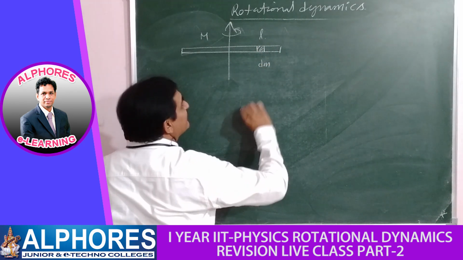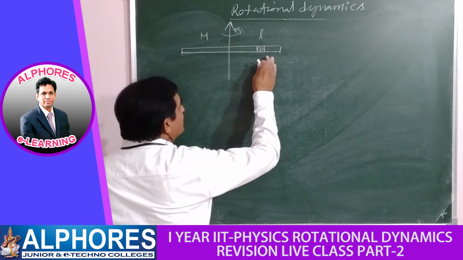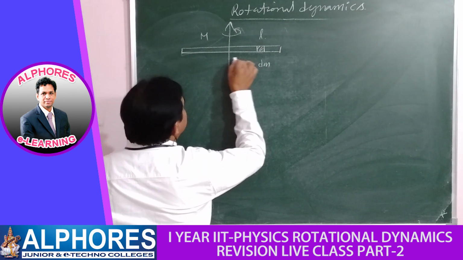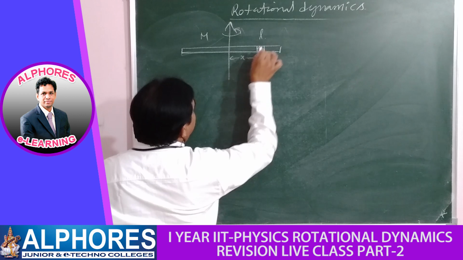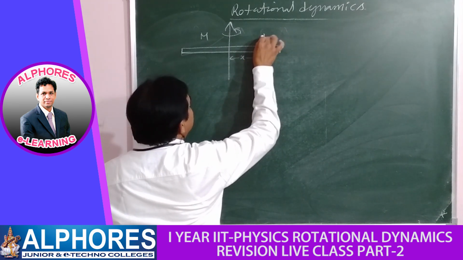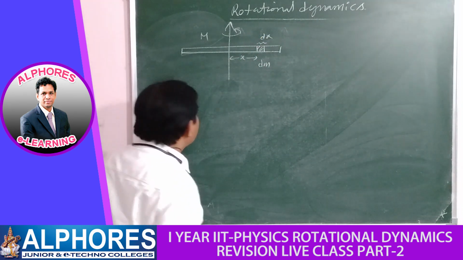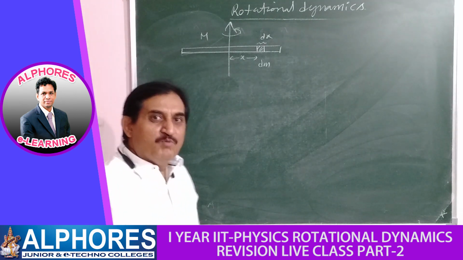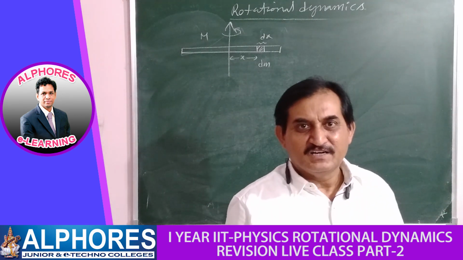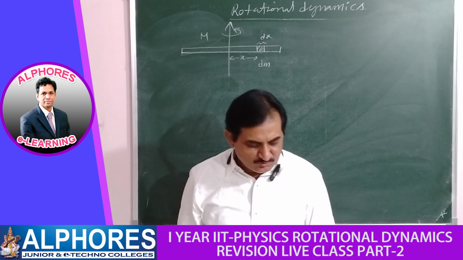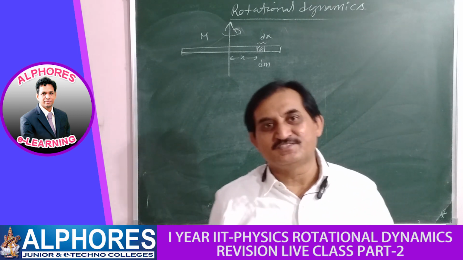dm, so many elements. So considering one element which is at a distance x from the axis of rotation and its length is, say, dx. First of all, for a body which is a linear object, it has only length, its thickness is neglected.